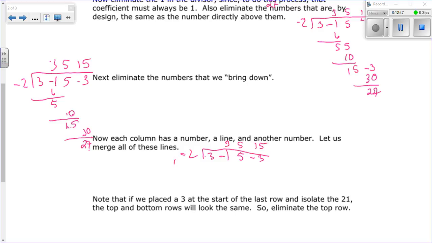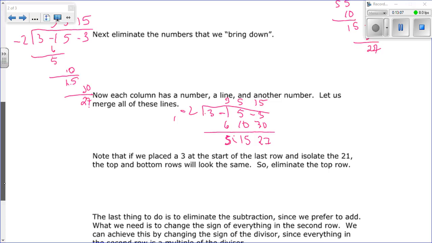And if I merge them, that will bring a 6, a 10, a 30, and then I'll draw a line underneath, and I will have a 5, a 15, and a 27.